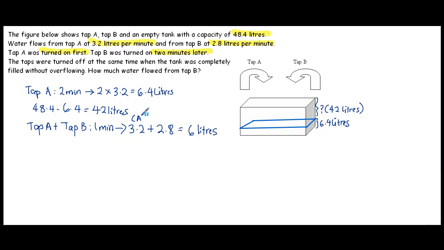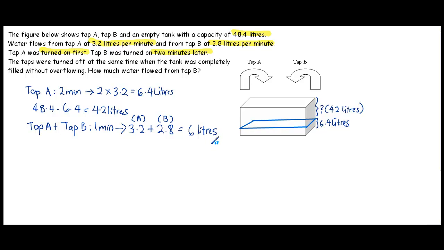This is A, and this is the amount of water that flowed from B. This means in 1 minute, 6 litres of water will flow from taps A and B.